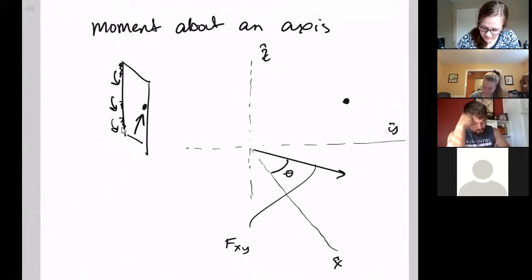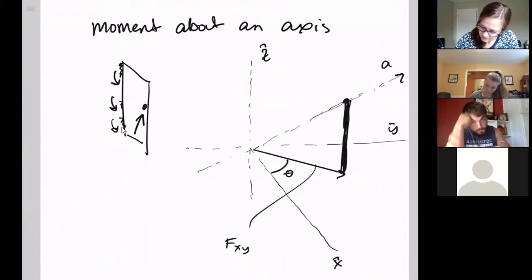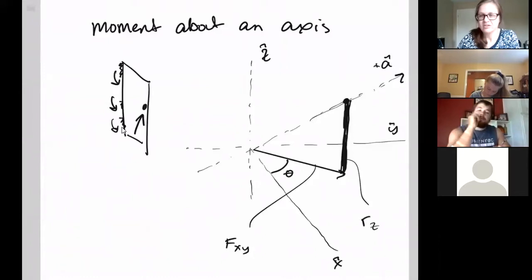And we have a beam that is vertical here, with a positive axis going this way. R is just in the z direction.